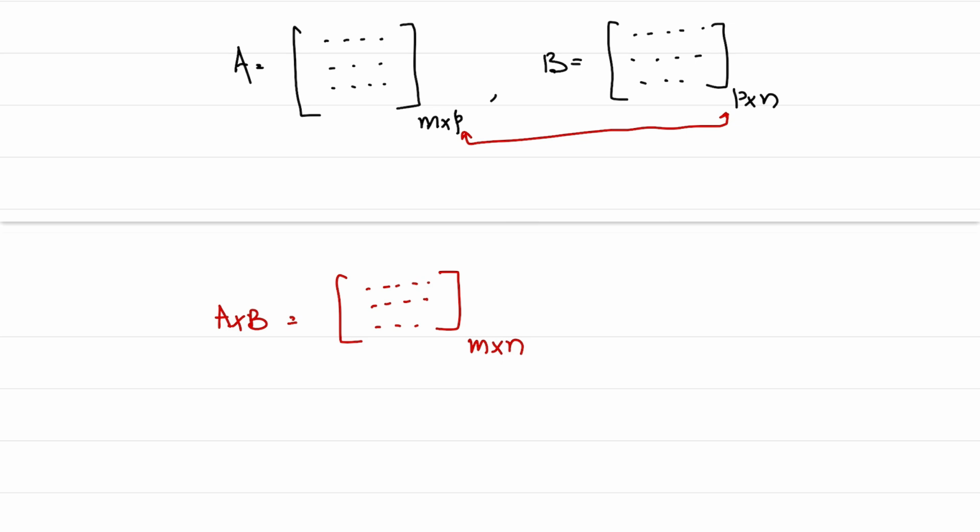Next, we have to multiply the row elements with the column elements.